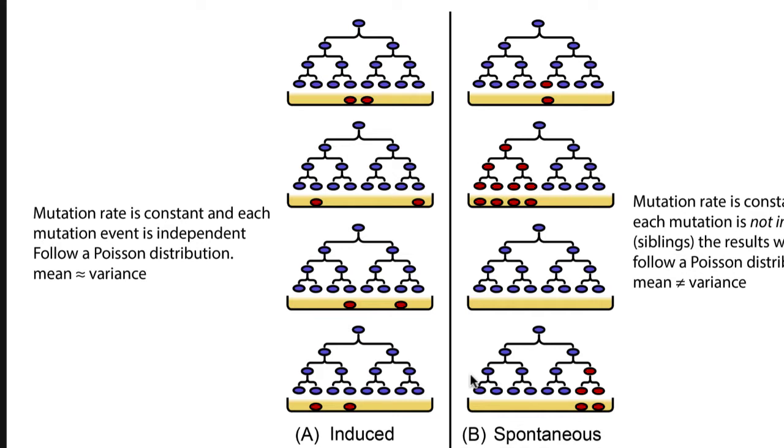Thus, you should observe about the same number of mutants on each plate. If mutation events are independent, as in the induced panel A here, then they will follow what is called a Poisson distribution. And one of the characteristics of a Poisson distribution is that the mean will roughly equal the variance.